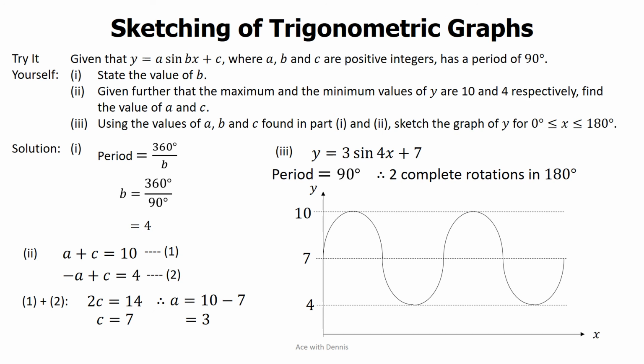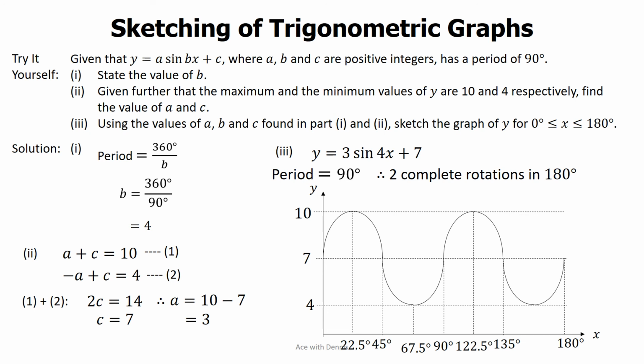Okay, then we can draw the x-axis, which is here. At the end of the graph is 180 degrees. In the middle is 90 degrees. Between 0 to 90 degrees is 45 degrees. Between 90 to 180 degrees is 135. Between 0 to 45 will be 22.5 degrees. Between 45 to 90 degrees is 67.5 degrees.